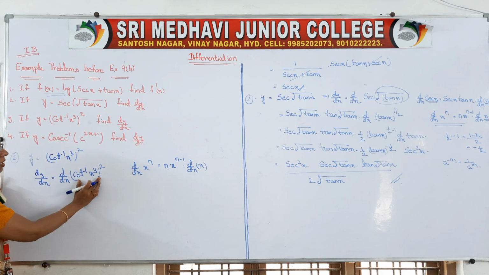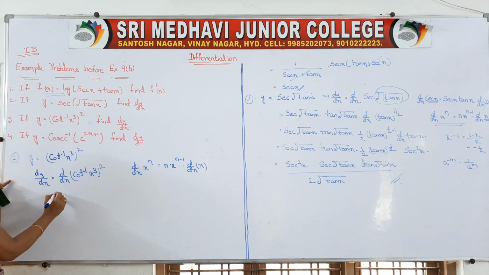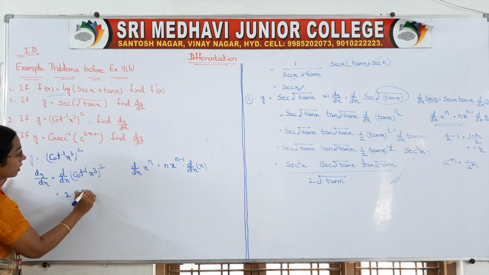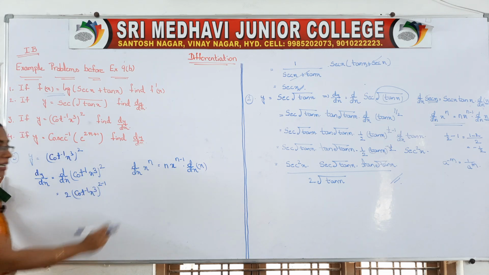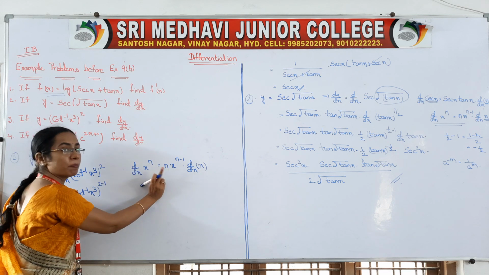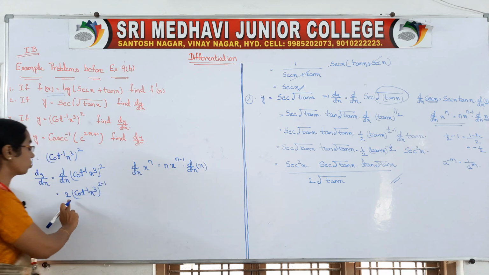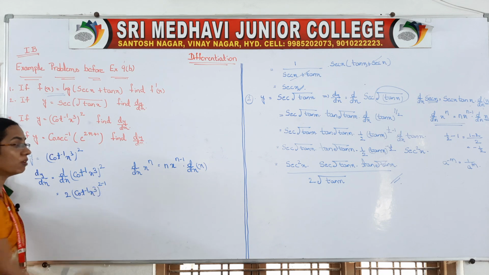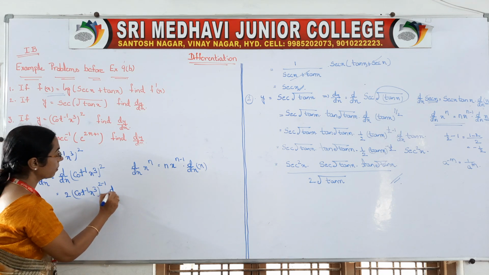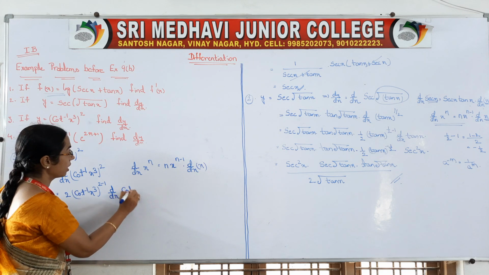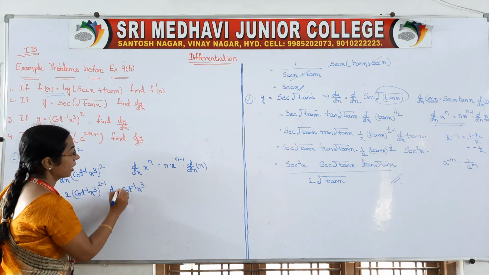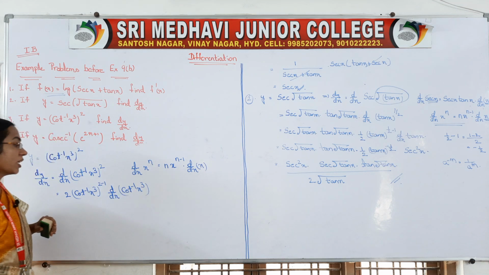Here, instead of x, the variable is cot inverse of x cube. So we write 2 into cot inverse x cube to the power of 2 minus 1, since in the power place we have 2, into d by dx of the variable. What is the variable? The variable is cot inverse of x cube. Now take the formula.